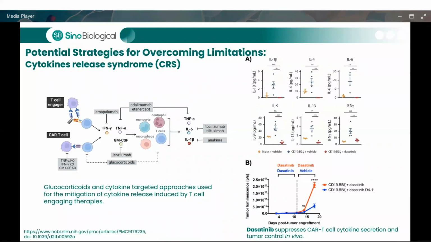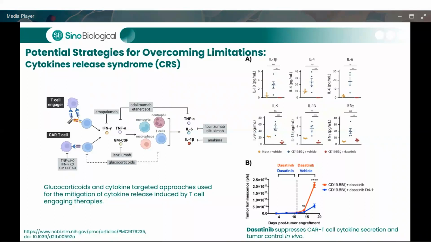Those are directed against cytokines including IL-1 beta, TNF-alpha, interferon gamma, and GM-CSF, using many small molecule inhibitors. Along these lines, TNF-alpha, interferon gamma, and GM-CSF knockouts can be engineered in the CAR T cells to prevent CRS as well.